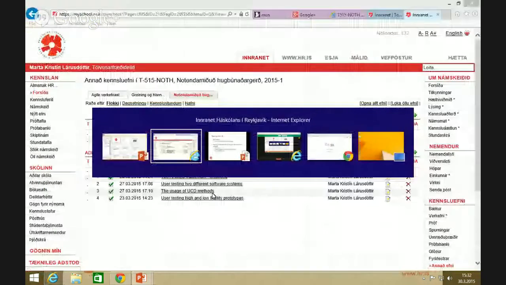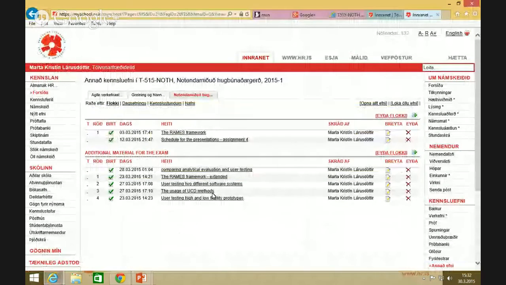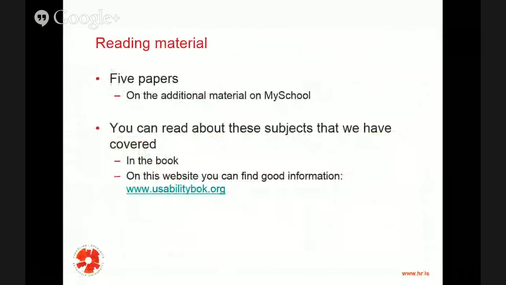Okay, where were we? Here, no. Here. There is also quite a good website to get information about many of the methods. It's this one. Where is it?